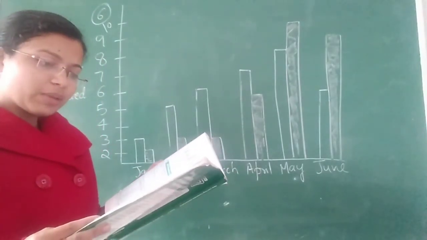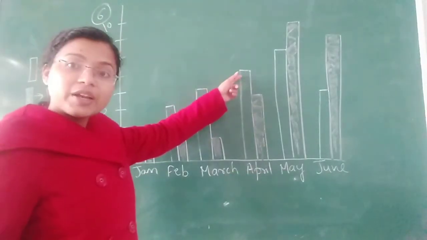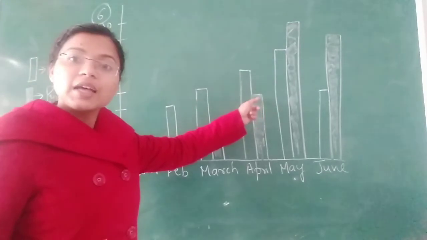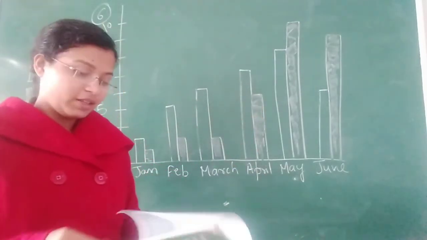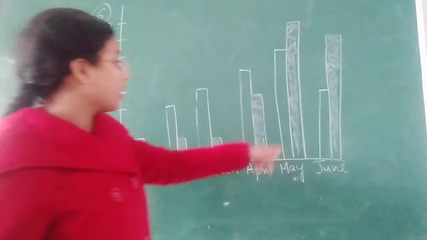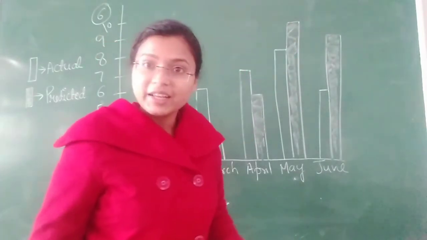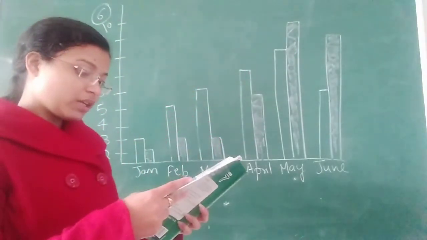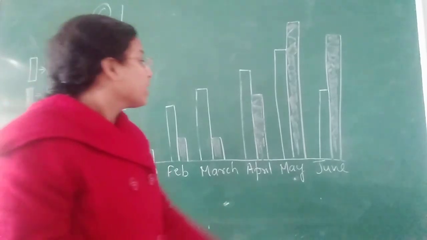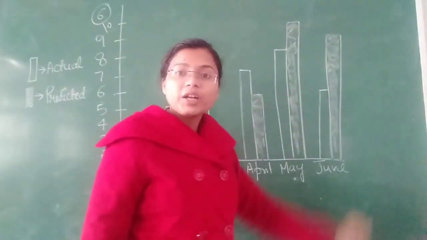Next, the same thing for April: first one is 7 and predicted is 6, and you just color it. Next is the month of May, which is 8 and 10. So the first one will be 8 and the second one 10. For the last month, June, it is 6 and 9. So first you plot up to 6 and second you plot up to 9.